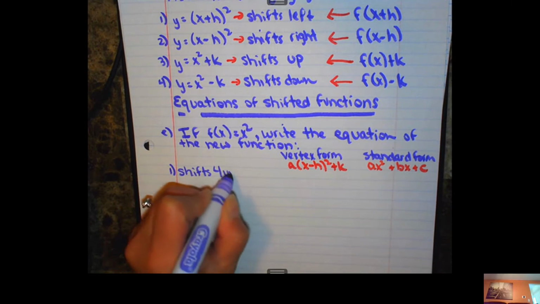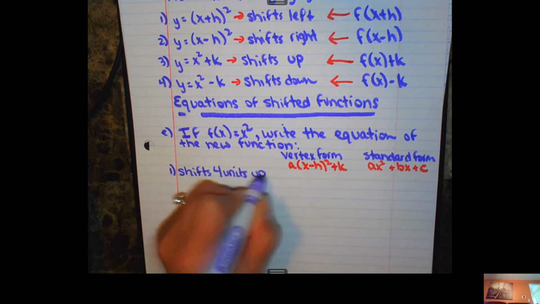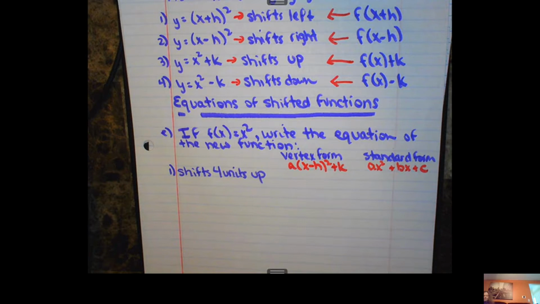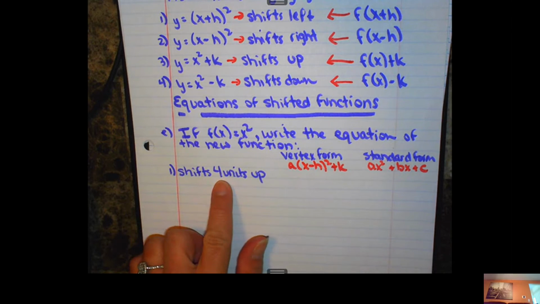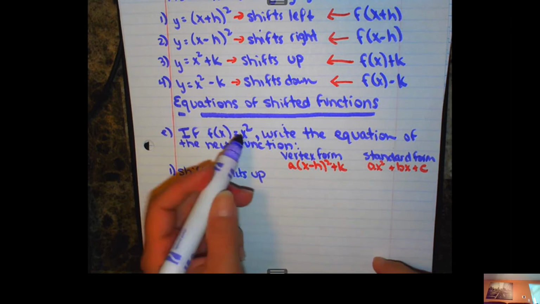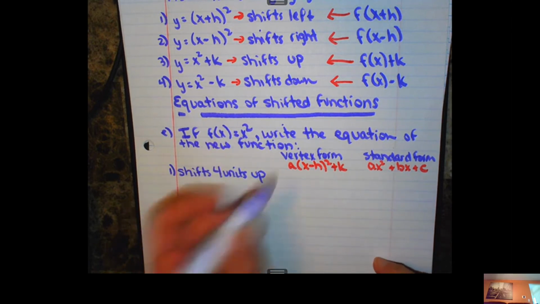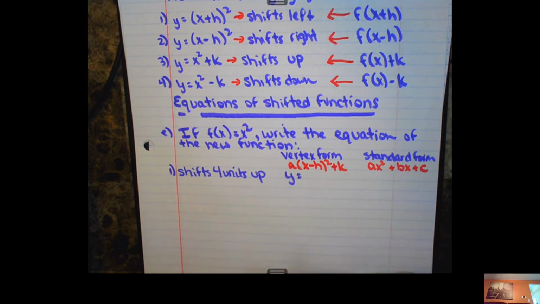So for number 1, can you write shifts 4 units up? So we are going to take this function and we are going to shift it 4 units up. So we have f of x equals x squared. I'm just going to write y equals. That means the same thing.